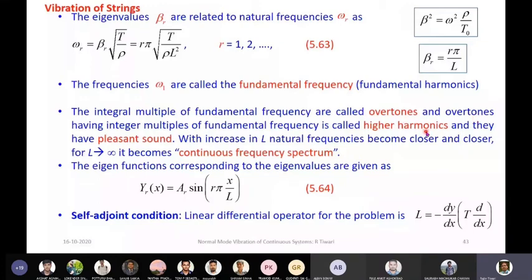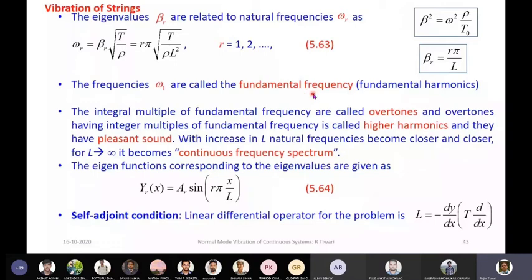Generally, harmonics are used in forced vibration, but in the natural frequencies of the string with fixed ends, the higher natural frequencies happen to be integer multiples of the fundamental. So that's why it is called higher harmonics. Generally, this will not be the case. The higher natural frequencies will not be integer multiples of the fundamental or the lowest frequency.